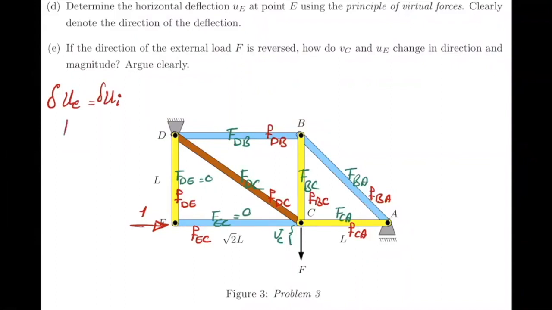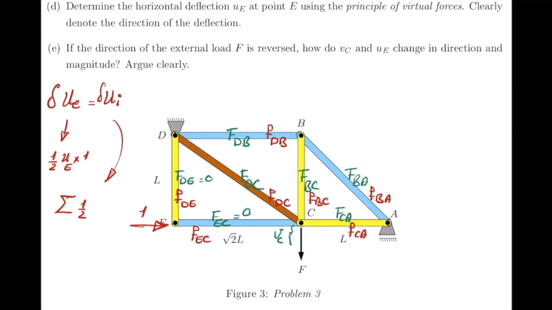So due to the force 1, the external work would be 1/2 of that deflection of point E, which you are looking for, times force 1, and delta UE is the sum over 1/2 of all these virtual forces times their deflection.